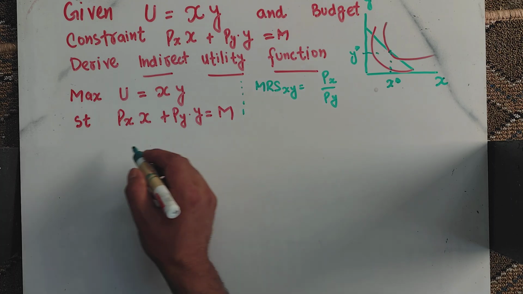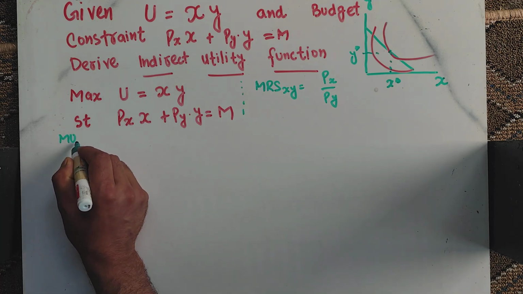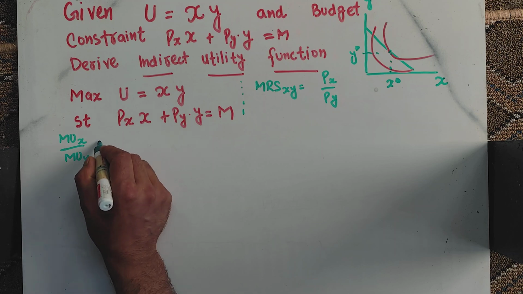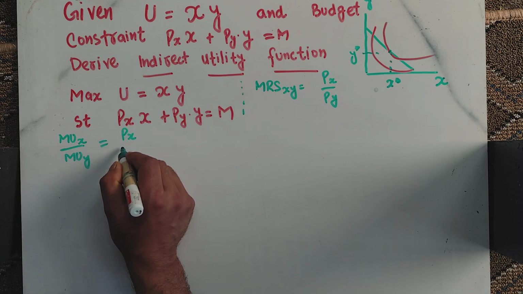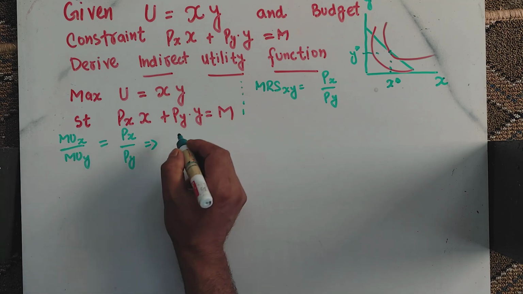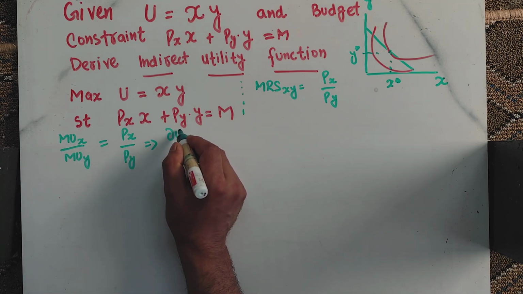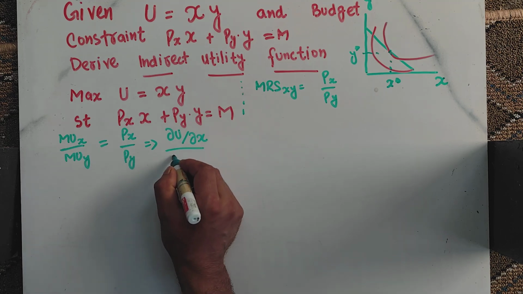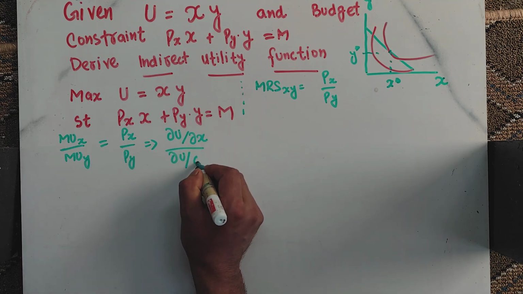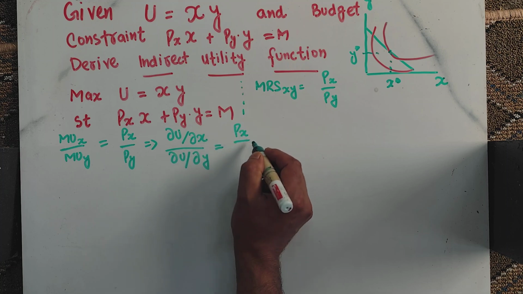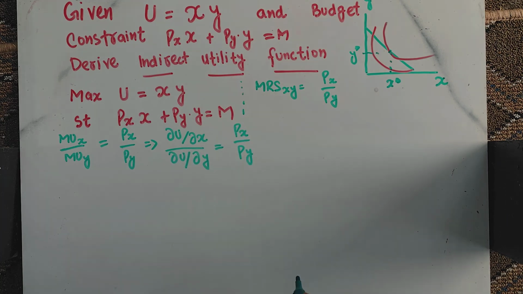Now MRS, as we know, is simply the ratio of the marginal utilities of good x and good y, and it should be equal to the price of x upon price of good y. MUx means the change in utility due to the change in the consumption of good x, and MUy means the change in the total utility due to the change in the consumption of good y, and it should be equal to the ratio of the prices of good x and good y.